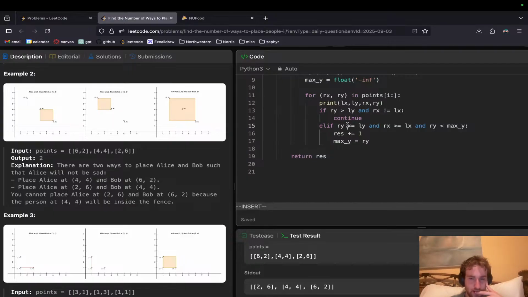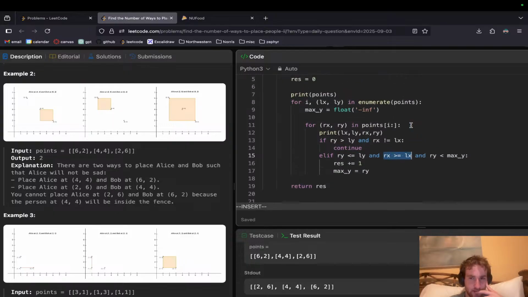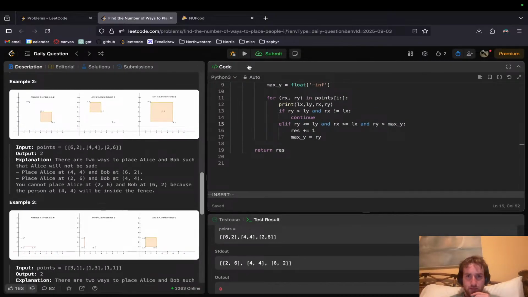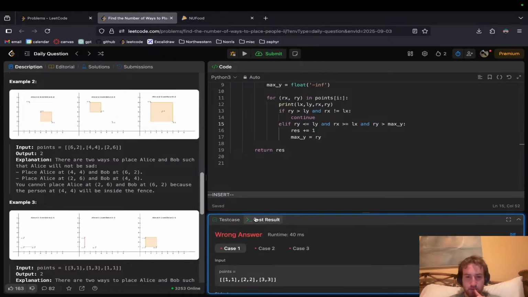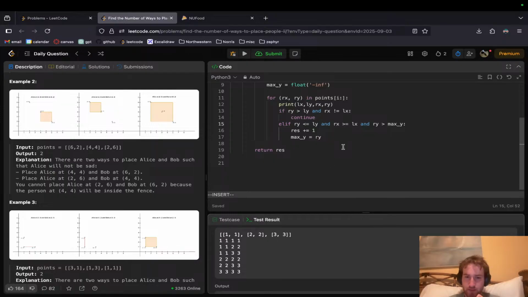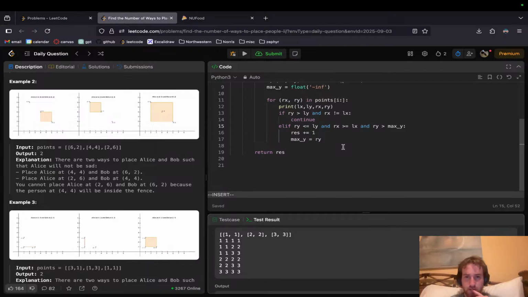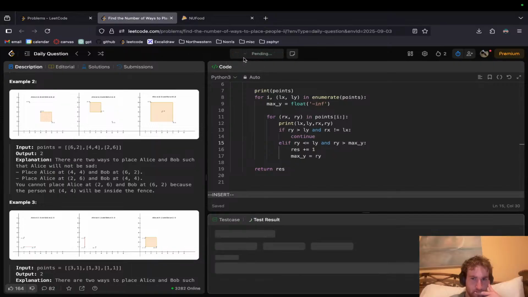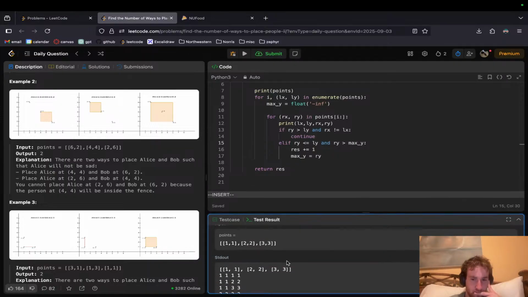Our ry is less than or equal to this, and our rx is, this should be infinite. Wait. Still 3.